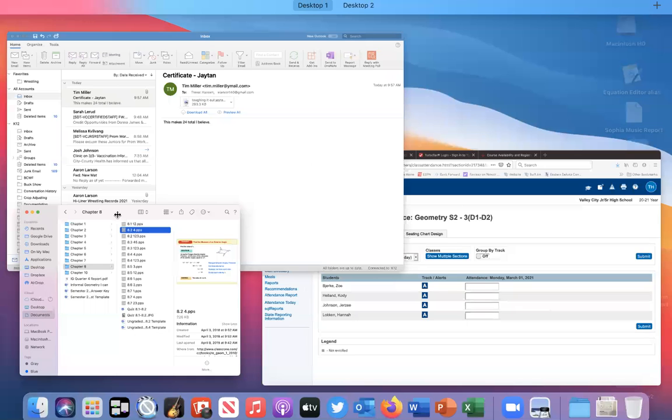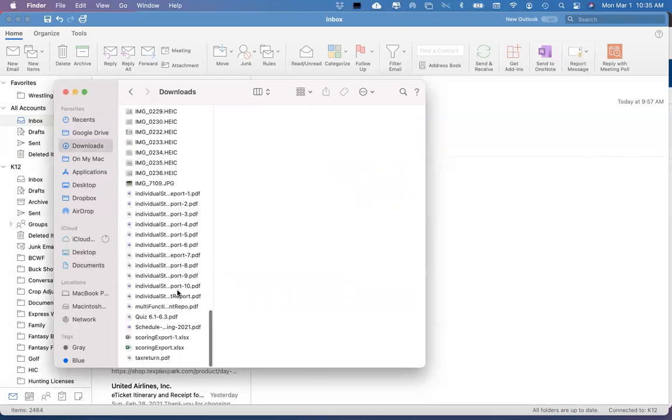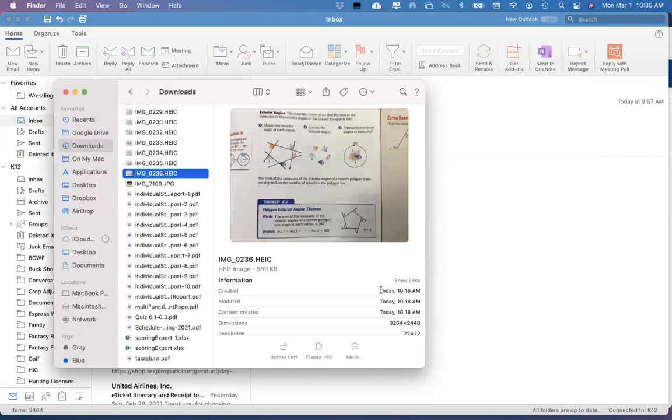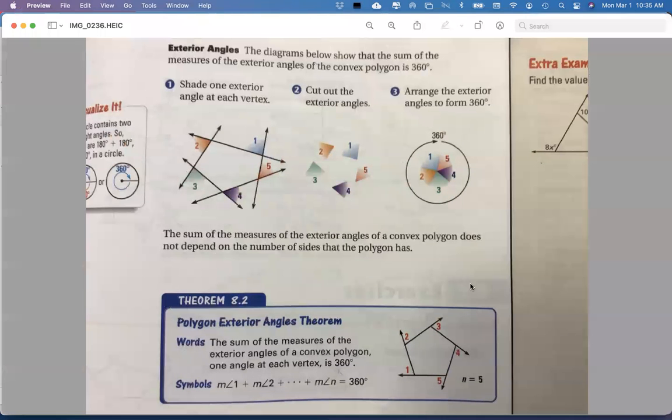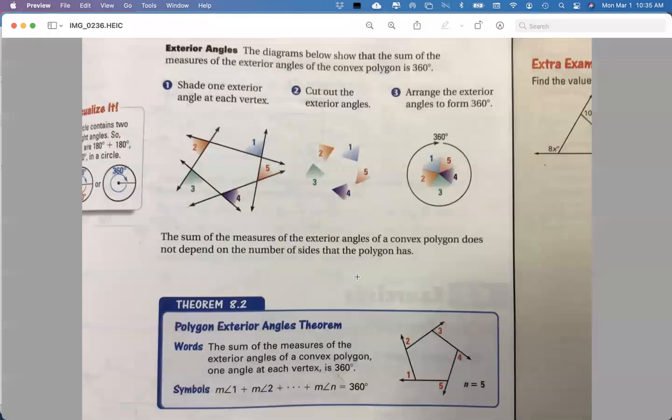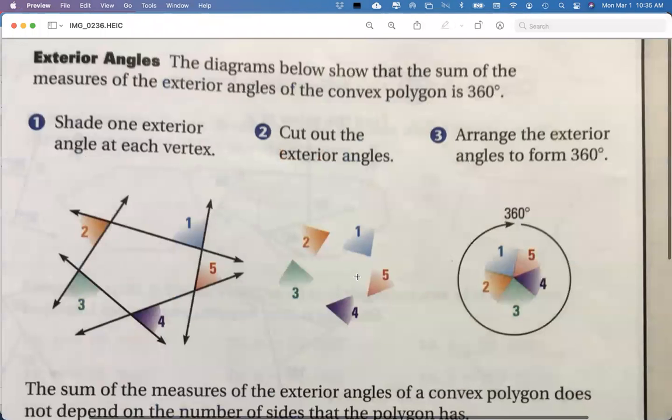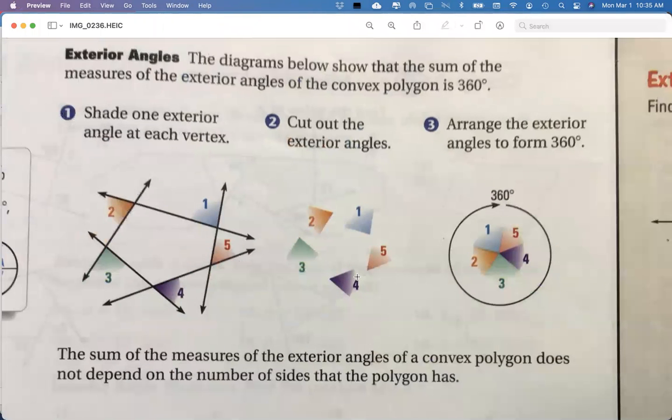All right, let's look at a picture here first. If you look at page 419, we're going to talk about exterior angles. The exterior angles add up to 360 degrees.